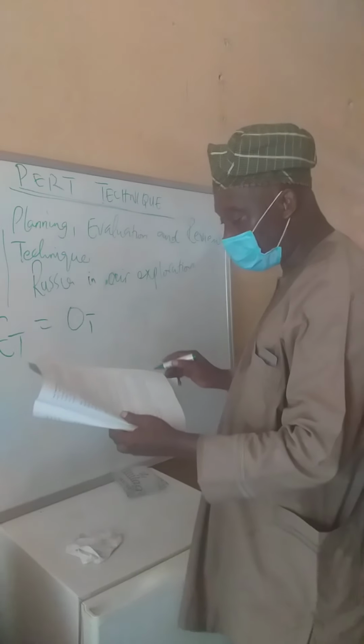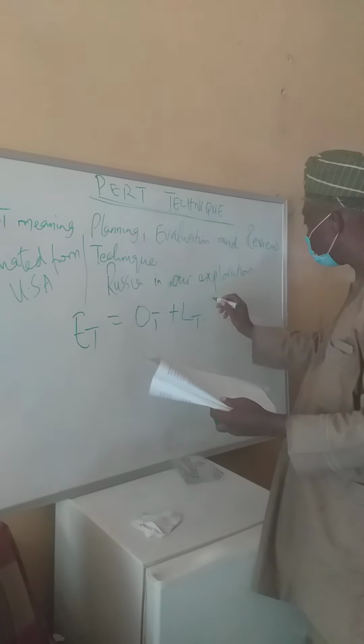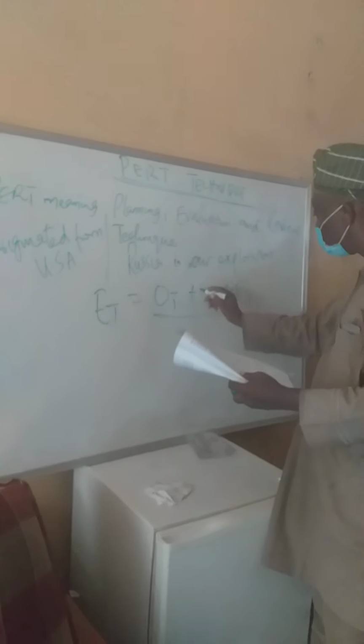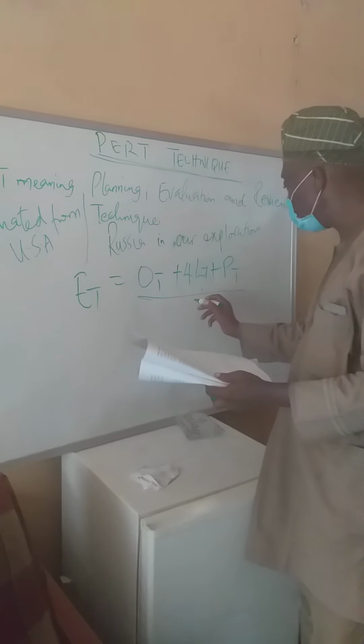I will explain each of the components of the formula later. PT all over, this is 4 LT all over 6.